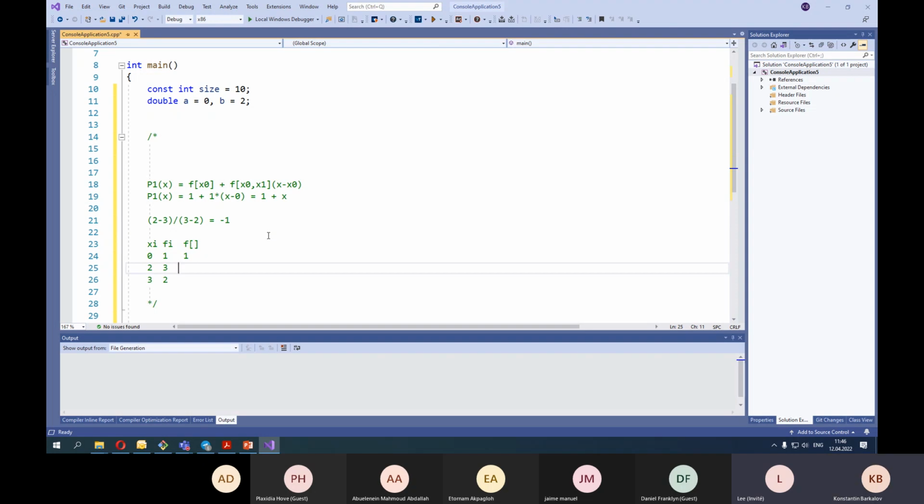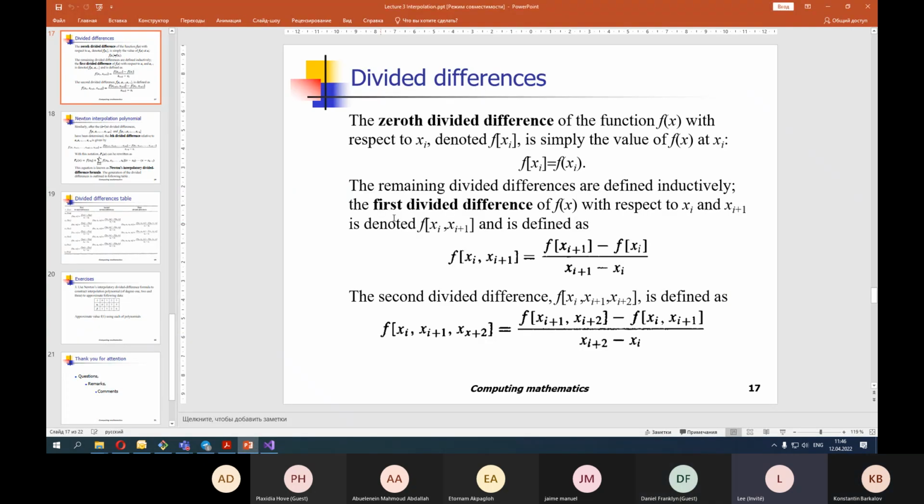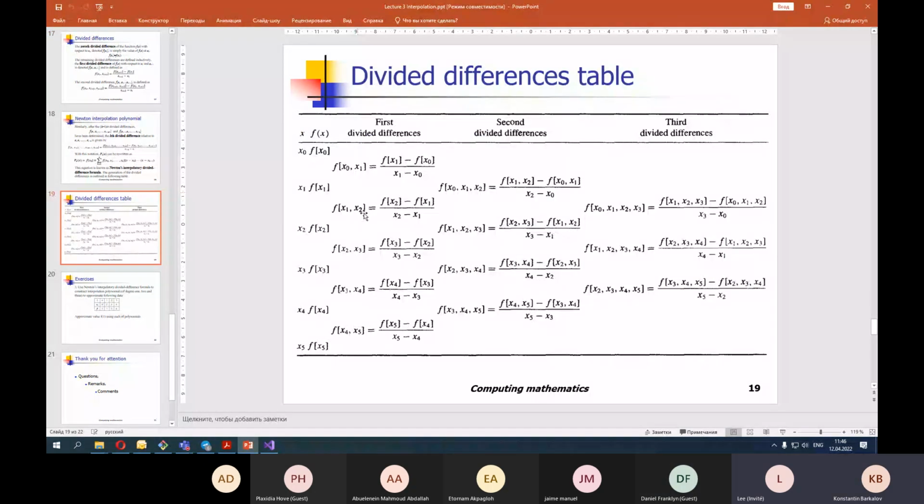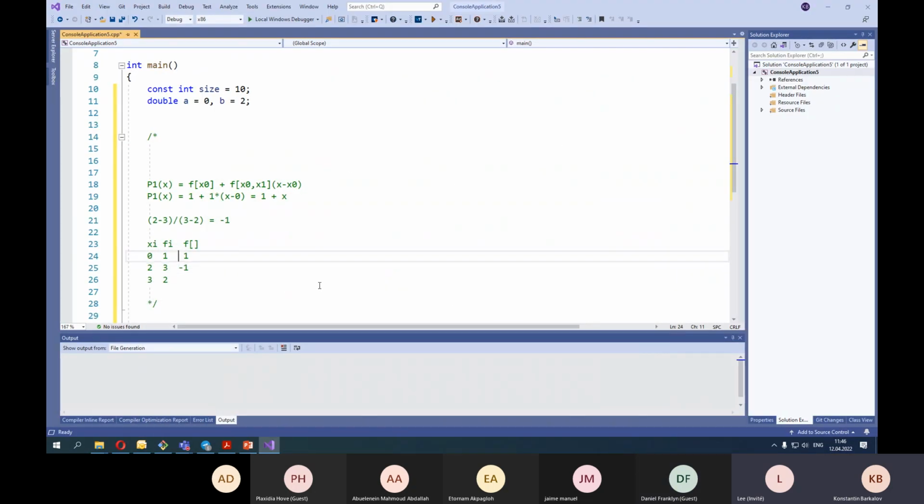Let's write it in the table. -1. Of course, I cannot write it like this or between these lines, or maybe I can do it like this with their breaks.